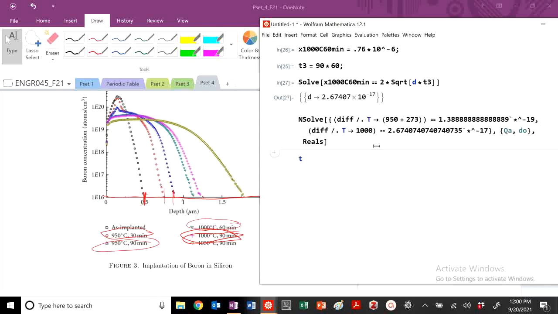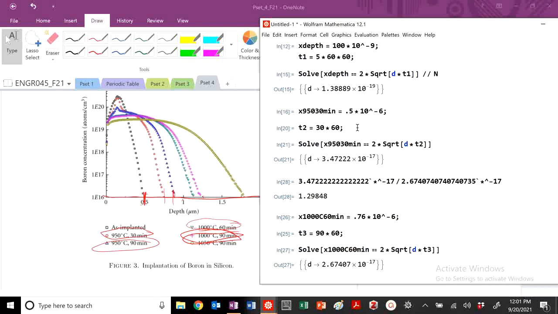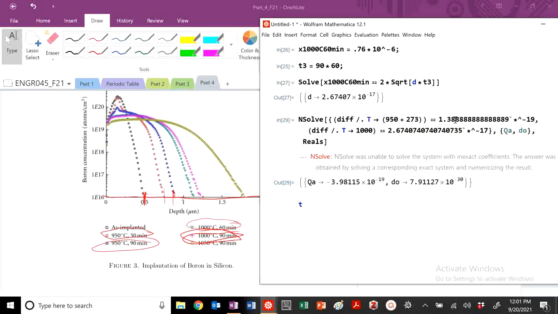And then let's go ahead and solve. And we've got our values. Oops, actually 10 to the 19. Oh, excuse me. That's for 950. Actually, we made a little mistake here. This is 1000 plus 273.